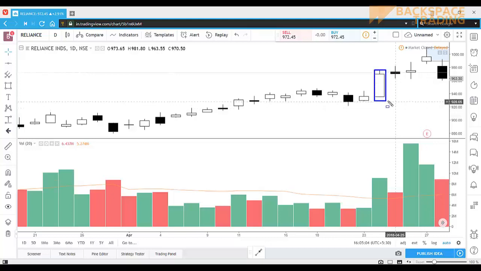This candle's total volume is this much, and that number can be found if you hover the mouse, which is around 9.6 million. Now the number doesn't matter to you. All you need to worry about is the length. This is small, this is small, this is small, this is a very big candle.